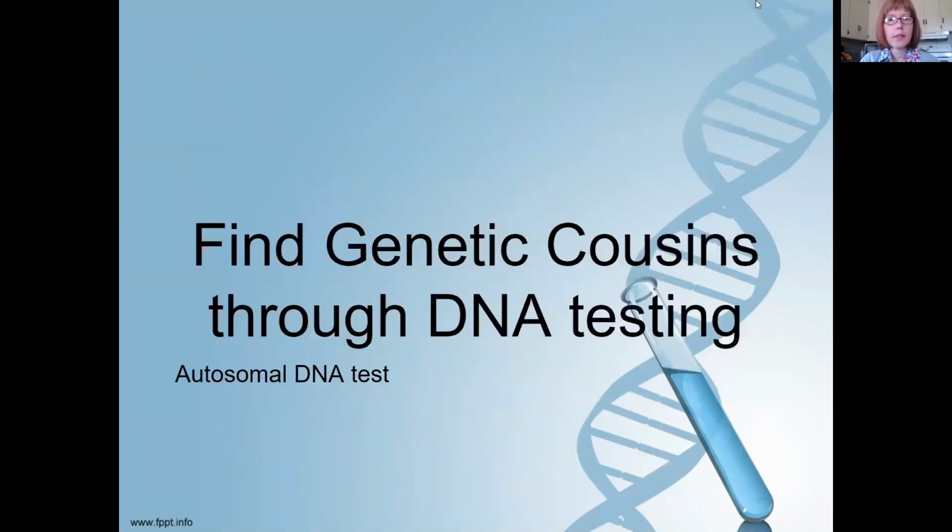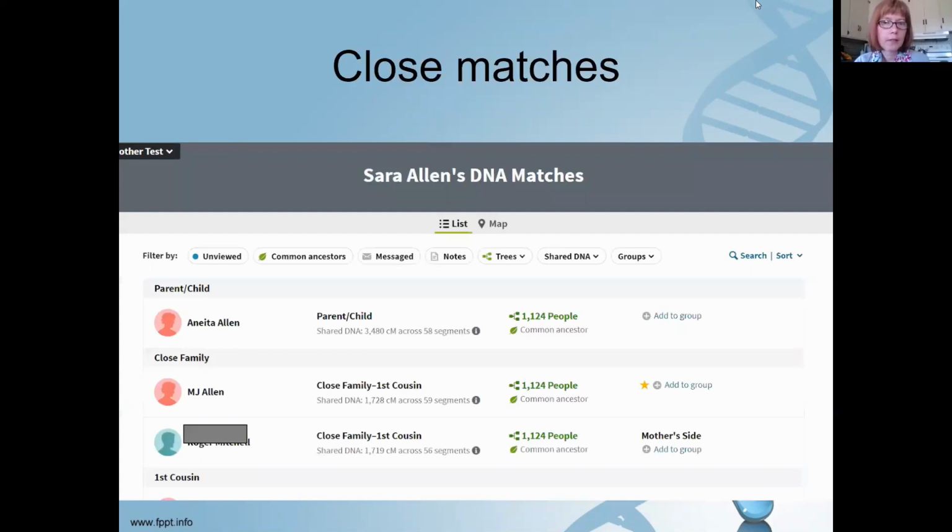The other thing you can do with your autosomal DNA test is find genetic cousins. This is what they call your matches. And this is what my matches look like at Ancestry.com. These are my closest matches, arranged from closest match to farther away matches.